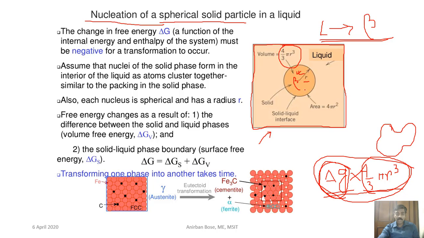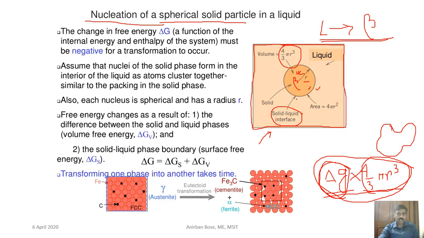Now what are the other kinds of energy change? Initially when there was no solid, there was no free surface, there was no interfacial surface. But now because of the formation of this solid, you can see between the solid and the liquid a surface has been produced, and this solid liquid interface was not there previously when there was no solid.